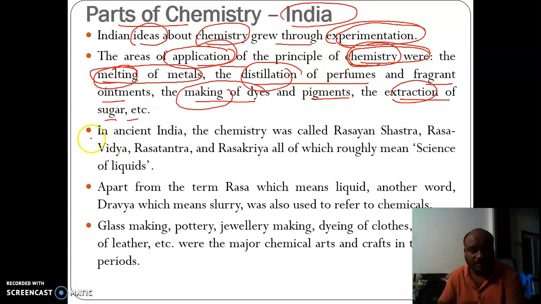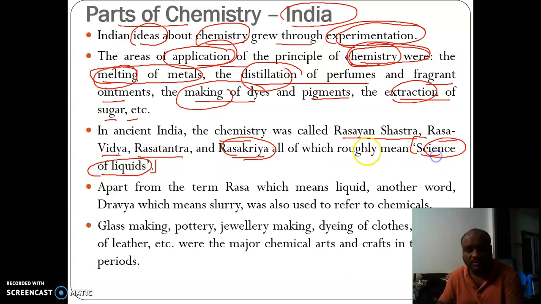In ancient India, chemistry was called Rasayana Shastra, Rasavidya, Rasatantra and Rasakriya. All of them mean one thing, the science of liquids.